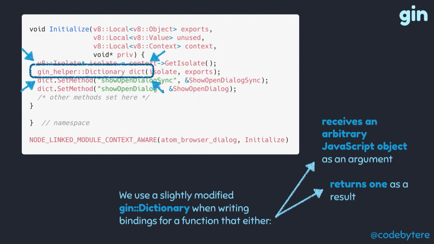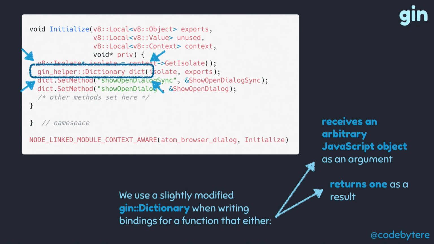Now that we've discussed the role of native bindings, how do we create, set, and export the native implementation of showOpenDialog? The answer to this question lies with Gin's dictionary, which represents a key value store data structure backed by V8. It turns out that we can use a slightly enhanced Gin dictionary in order to write bindings for a function that either takes in an arbitrary JavaScript object as an argument or returns one as a result.